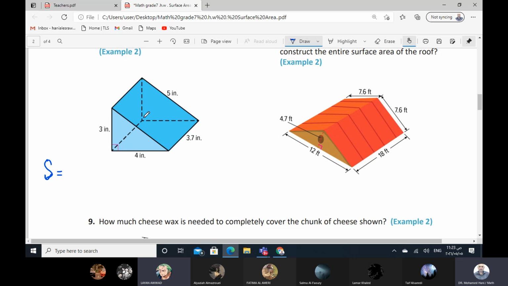And this base is congruent with this base, so we can write here 2 times the area of the triangle, as you remember, 1 over 2 times 3 times 4.